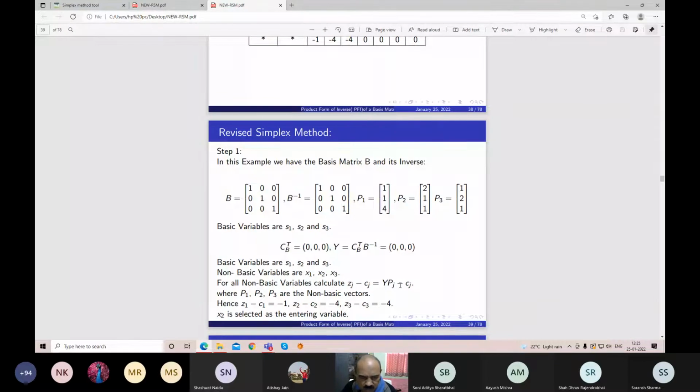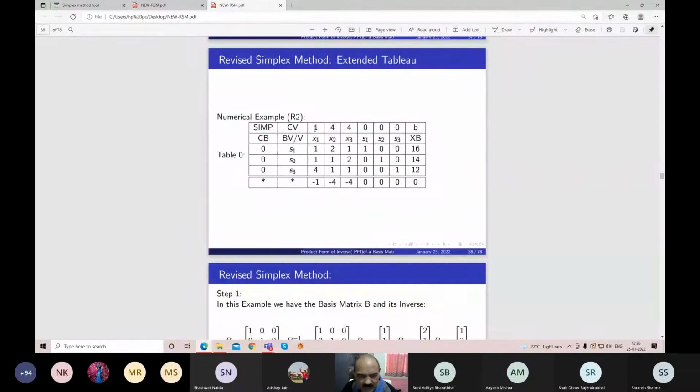So y into Pj, 0, 0, 0. If you multiply it with 1, 1, 4, how much will it be? 0, sir. 0 minus Cj, for j equal to 1. See, this 1 is C1, this 4 is C2, this 4 is C3, and these are nothing but our C4, C5, C6.